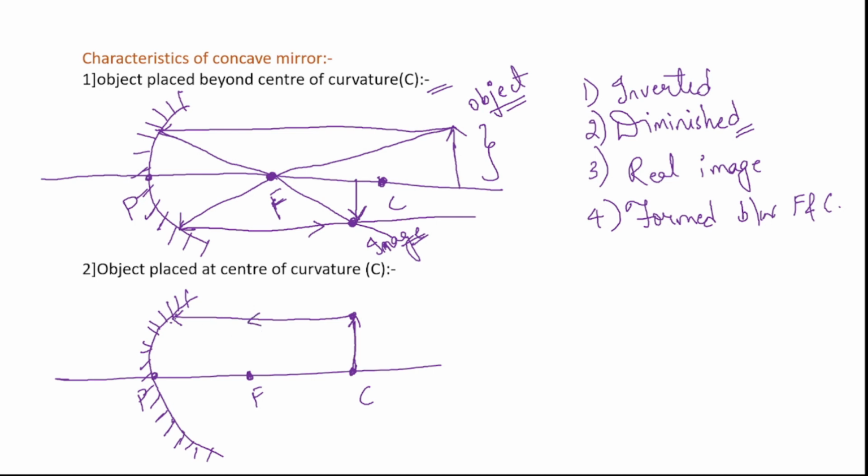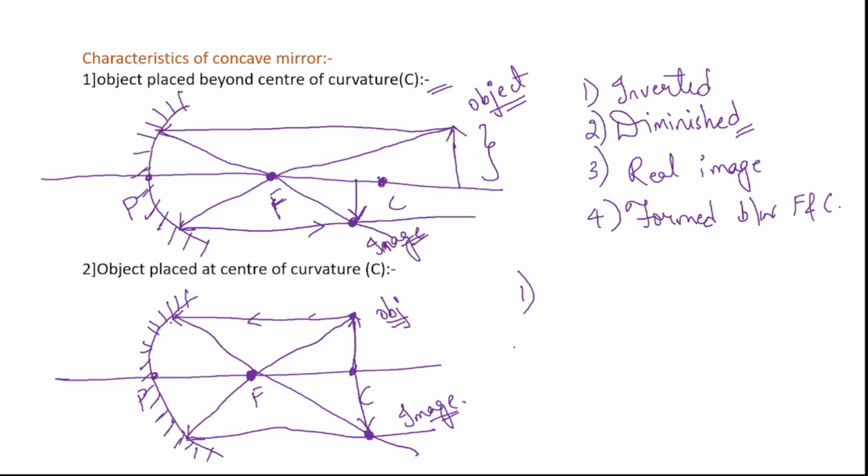So this ray will reflect back passing through the focus, right? After this, let us say another ray has fallen onto the mirror through the object passing from the focus in this direction. So this ray will get reflected parallel to the principal axis. So here the two rays are meeting at this point. Here we got the image of this object. So this is the object and this is the image.